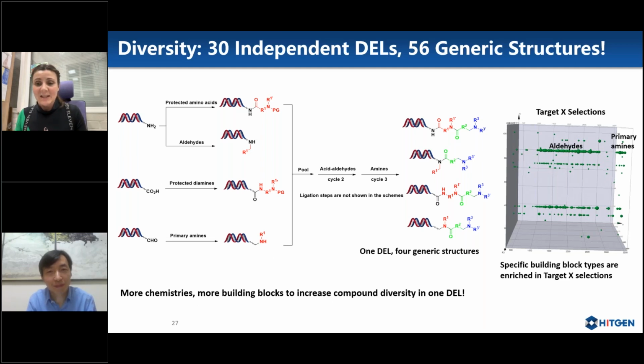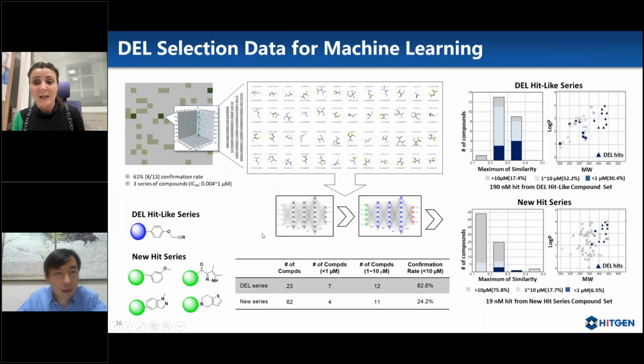Okay, and another question on slide 16. What is the difference between the DEL hit series and the new hit series that shows such a high difference in conformational rate? Okay, so this is the AI machine learning part.